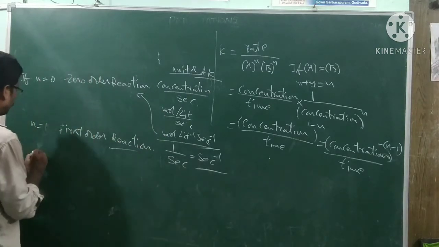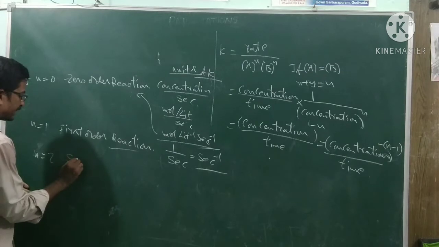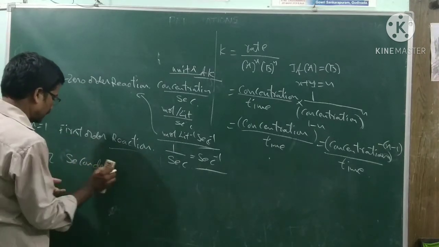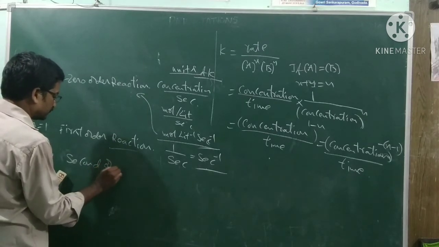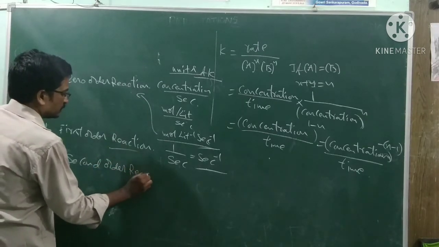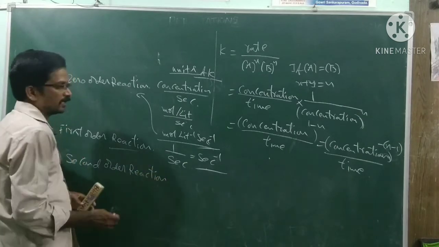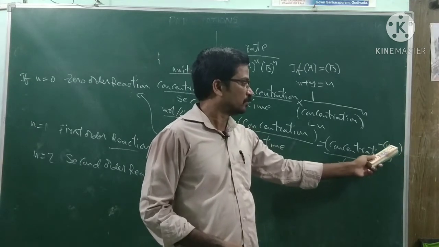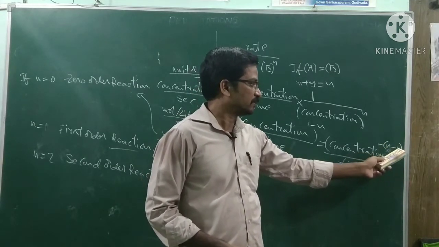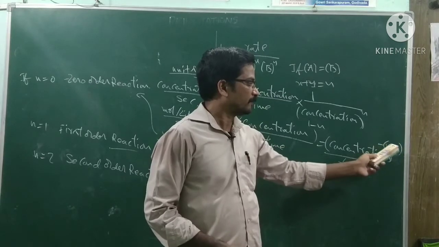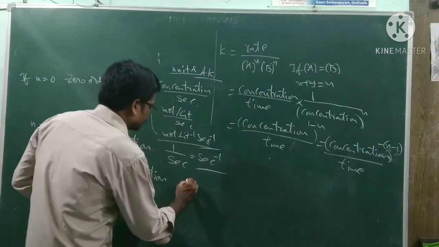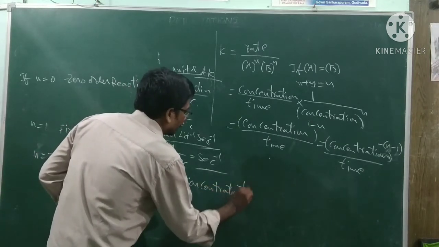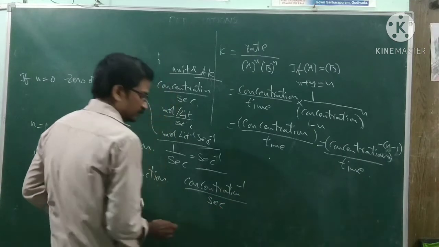Next, if n is equal to 2, this is known as second order reaction. Put n is equal to 2. 2 minus 1 is 1, which means concentration minus 1 by second.